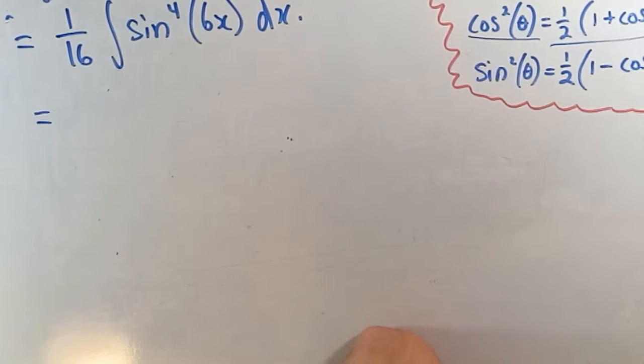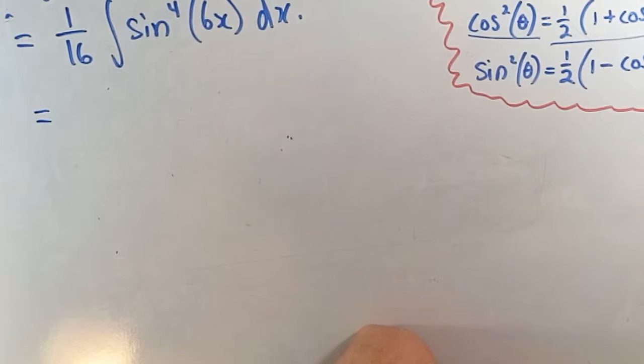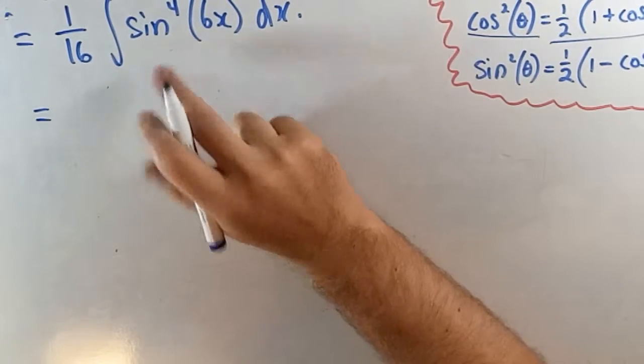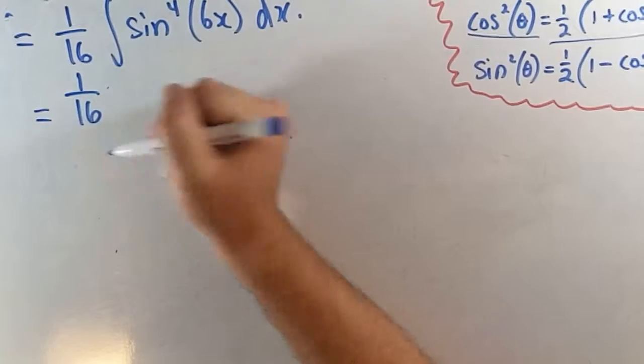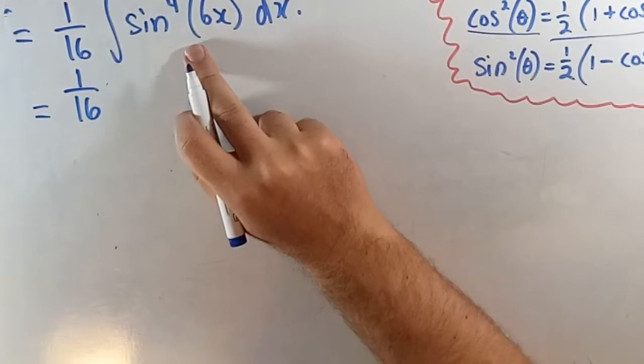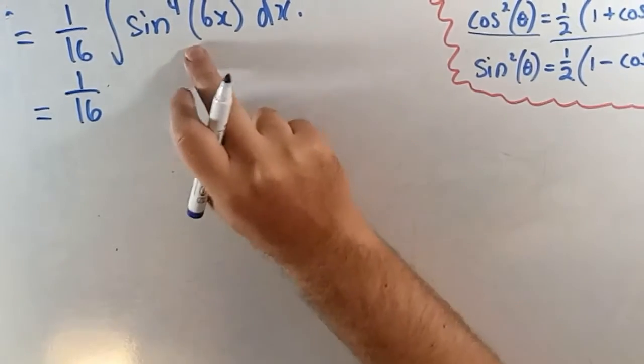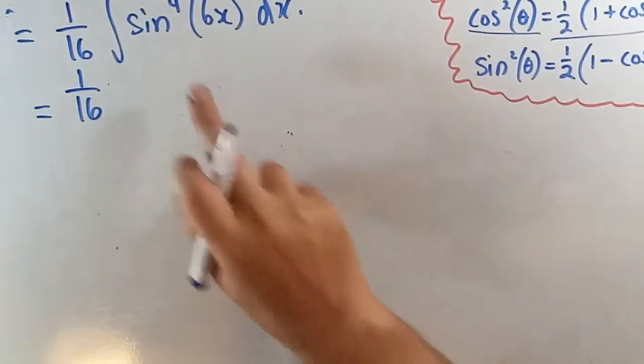Alright, so now we've done that. Now what are we going to do? We are going to write this in terms of cos. I feel like most of these ones, we want to get them down to cos. You know, sine is no good to us. Let's get them down to cos.